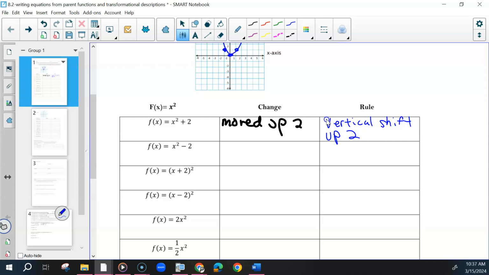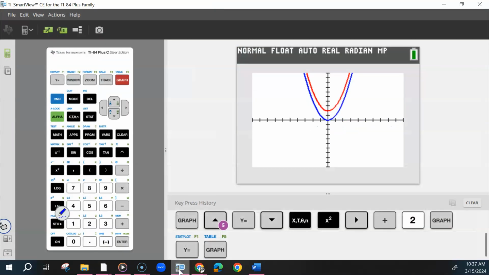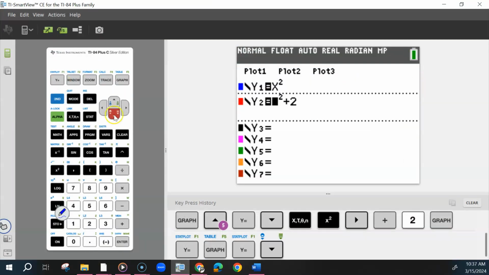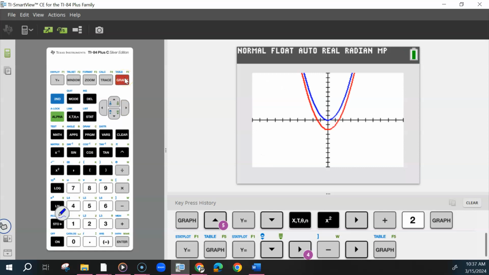So then we're going to change the function we had to now minus 2. What do we think that one's going to do? Yeah, so change that to minus 2, and then graph those and see what that one does. And as Savannah said, it did move down 2.